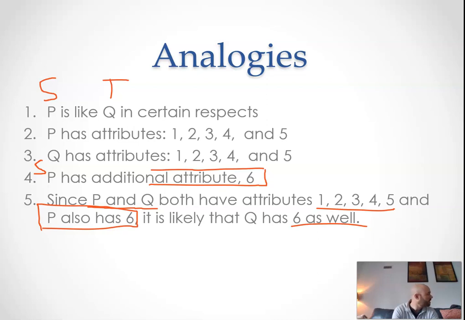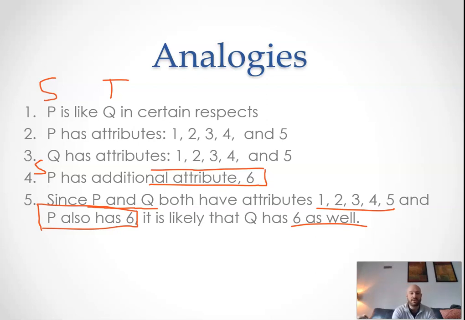So again, because P has this set of attributes and so does Q, and P has this other attribute 6, then it's probably the case that Q does too.